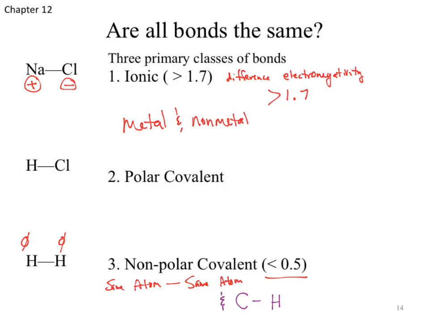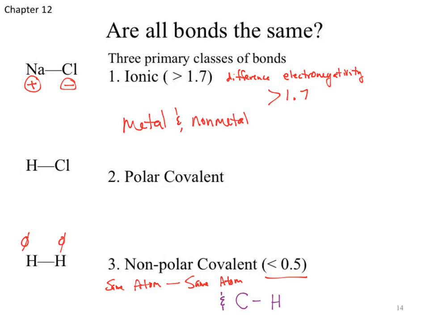So if you're looking for a nonpolar covalent bond, you can pull up all the electronegativities and do the exact calculation. And you'll find that there are some that fall outside of this definition. Okay, for instance, if we bond phosphorus to sulfur, that might very well fall in a nonpolar covalent bond, even though that's not the same atom to the same atom.